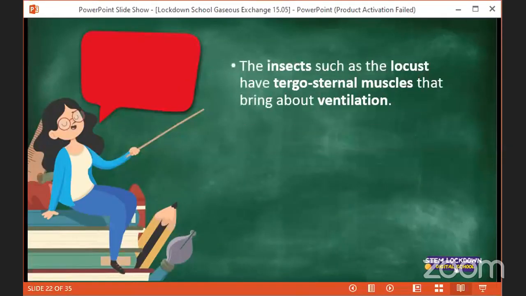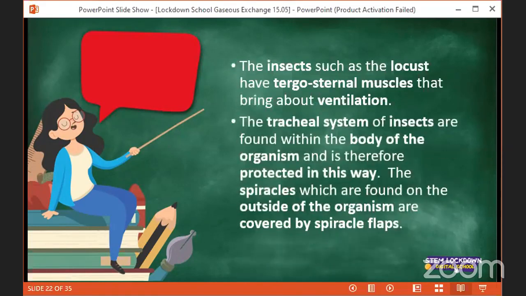Right, and then insects such as the locust also have tergo-sternal muscles that bring about ventilation. Remember we said ventilation is the inhalation and exhalation of air. And lastly, the tracheal system of insects is found within the body of the organism and is therefore protected in this way.